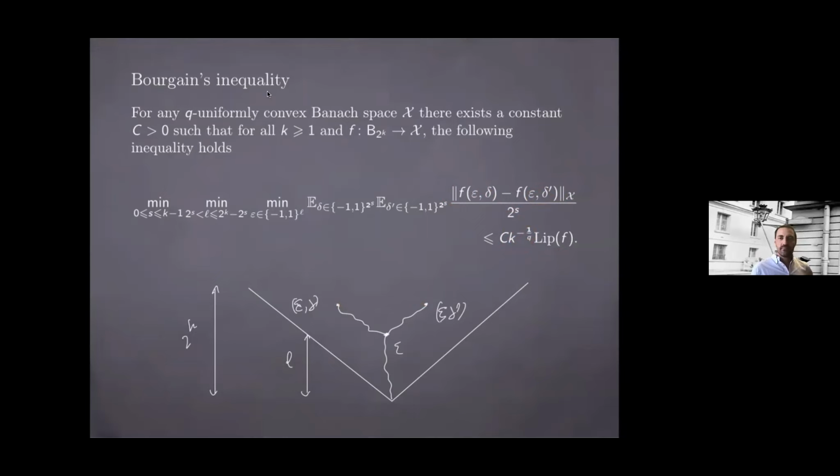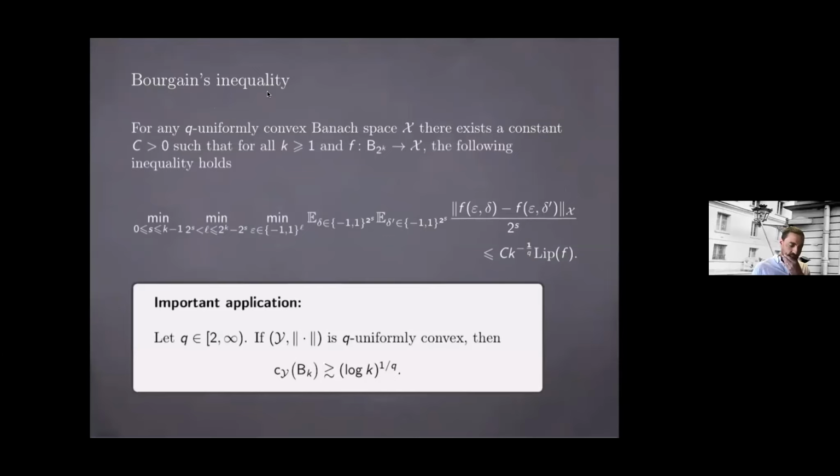Once you get this inequality, what is absolutely straightforward is to show this distortion lower bound for embedding the binary trees into a Q uniformly convex Banach space. This inequality here is completely immediate from this inequality there.